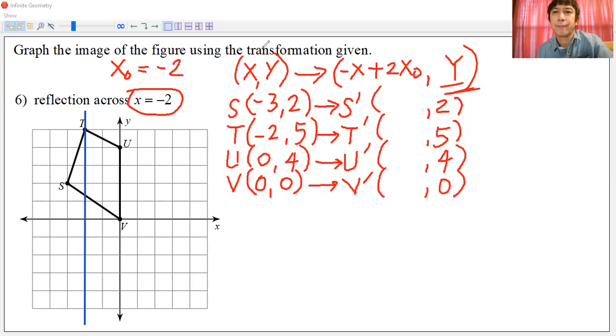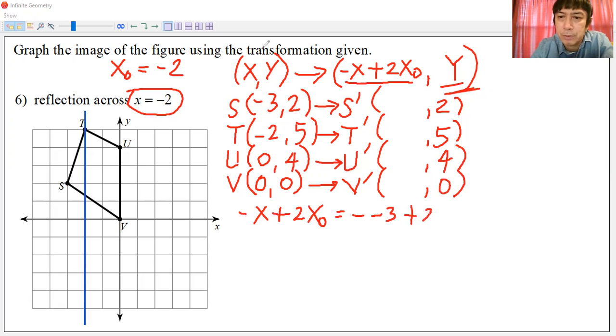So the ones we're going to compute are the x values, using this formula: negative x plus 2 times x of 0. Negative of the x for point S is a negative 3. This negative comes from the formula. So after this first negative, we write the negative 3 there.